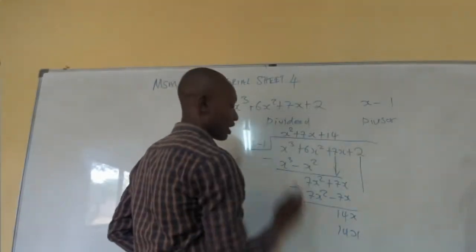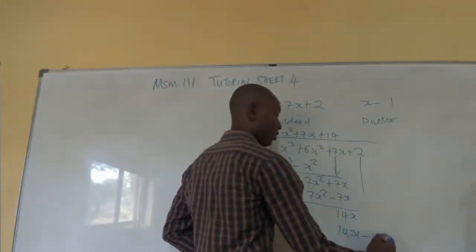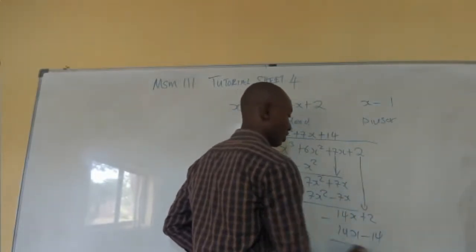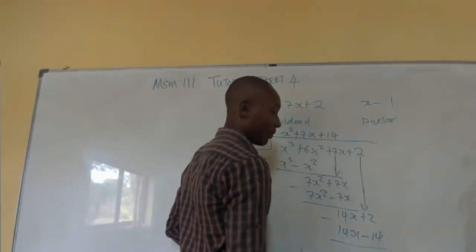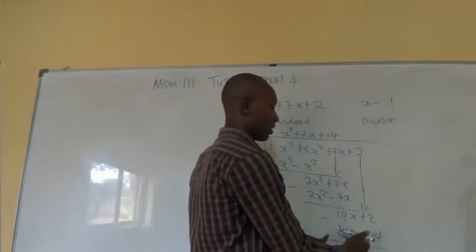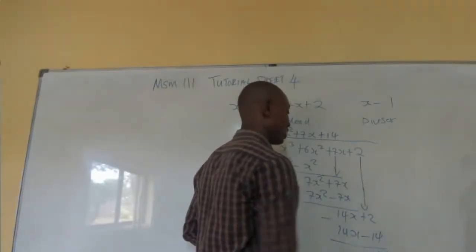Then 14 times negative 1, we actually have negative 14. Then this is why we bring down the 2. When we subtract, this is 0. 2 minus negative 14 is going to be plus, so this is 2 plus 14, which is 16.